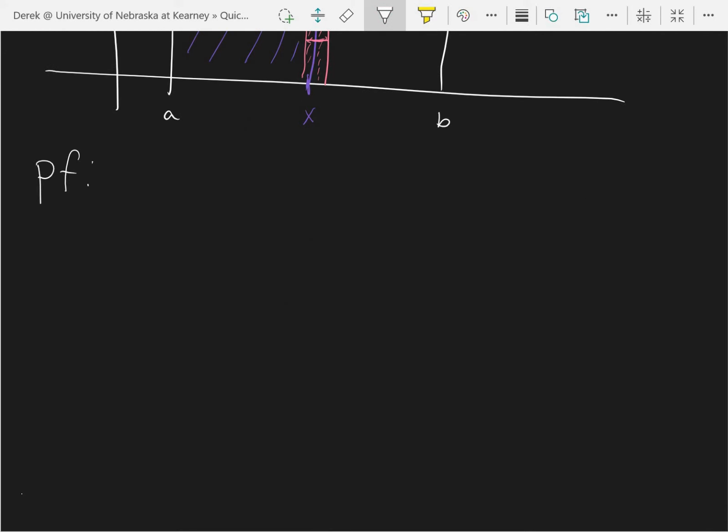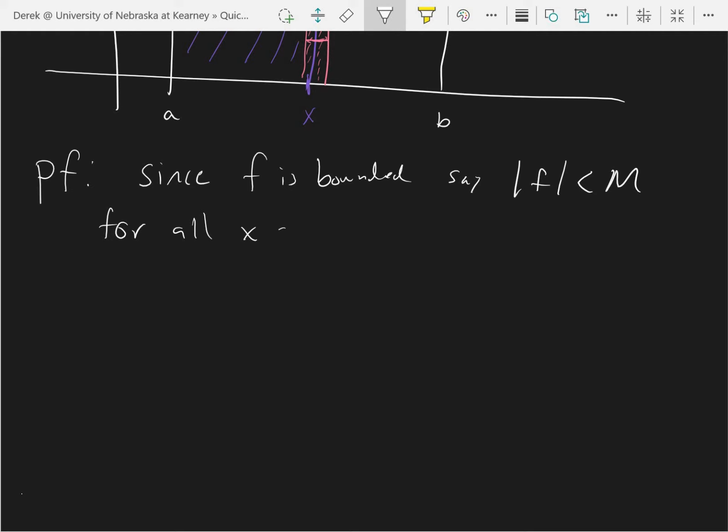So, proof. Since f is bounded, say the absolute value of f is less than M for all x in [a, b].